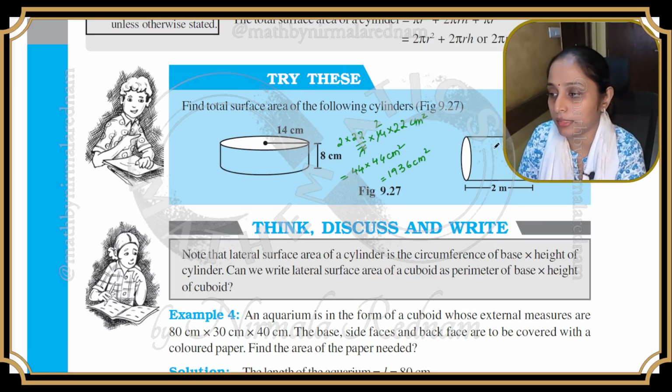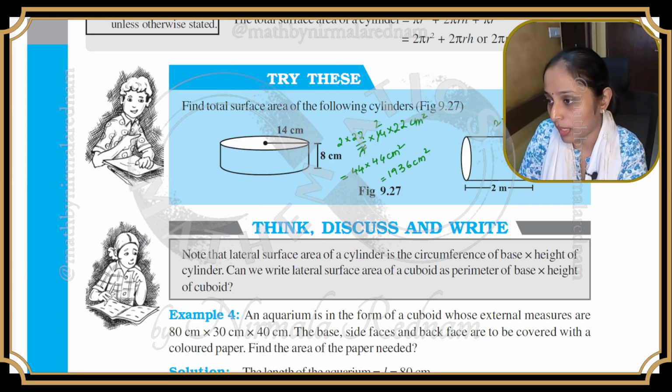You have to calculate this. Next I have height is 2, r is 1, because diameter is 2. So 2 into pi is 22 by 7, 2 pi r is 1 into r plus h, right? H is 2, r is 1, so r plus h is 3, okay, square meters, right?